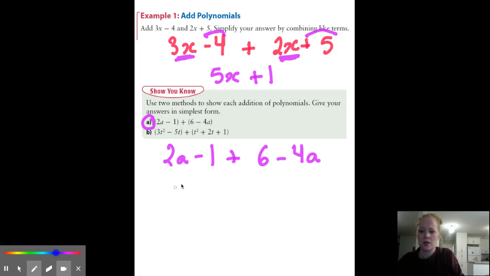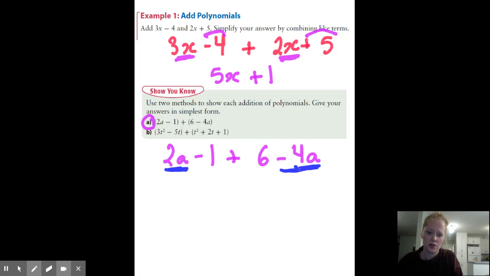So, like terms, 2a, is there any other ones that also have a variable a with a power of 1? There is 4a. I'm going to always include the sign that comes before it, so 2a minus 4a, so 2 minus 4 is negative 2a.